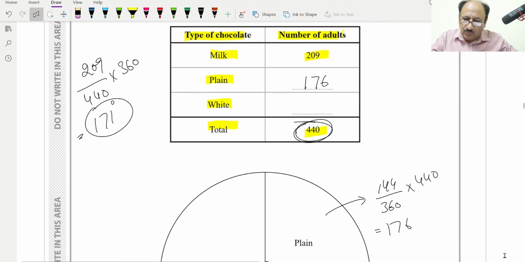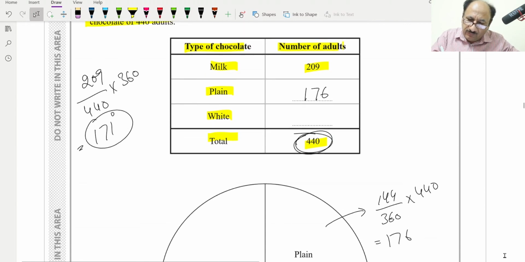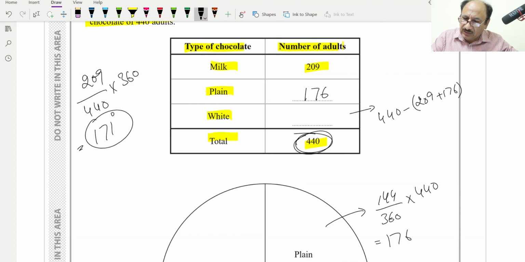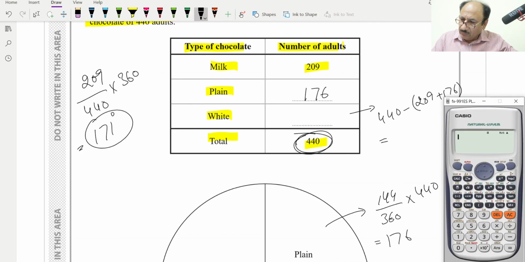Now we can calculate for white, for this portion. That will be 440 minus, in brackets, 209 plus 176, and this is equal to 55.